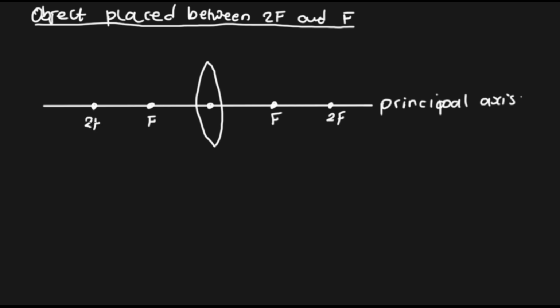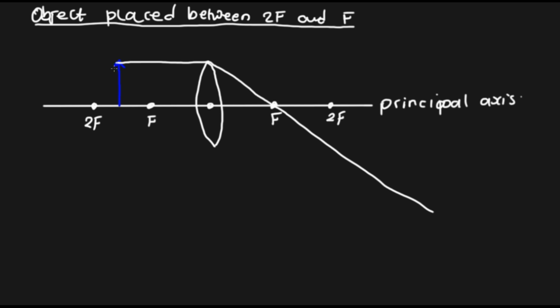So this time we are going to put our object between F and 2F. So I'm going to put my object here. So step number one, you draw a ray of light. After meeting the lens, you turn and pass through the focal point number one.